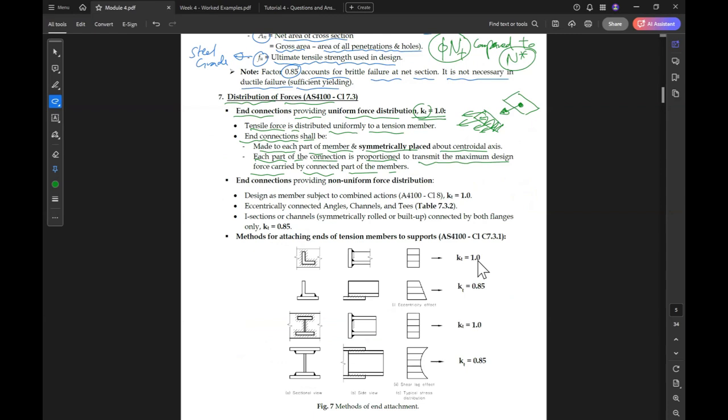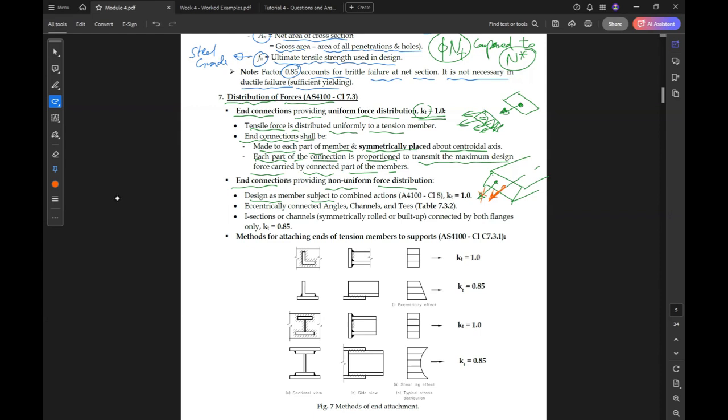In some cases, we have a connection that doesn't provide uniform force distribution. So in this case, we need to design the member subject to combined action, and Kt is not equal to 1. If the force, for example, is not applied at the centroid, but somewhere here, you need to transfer the force to here.